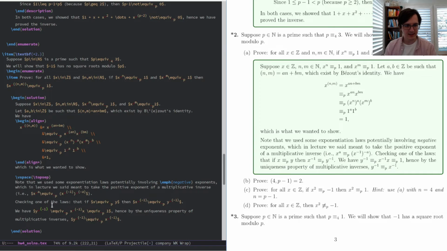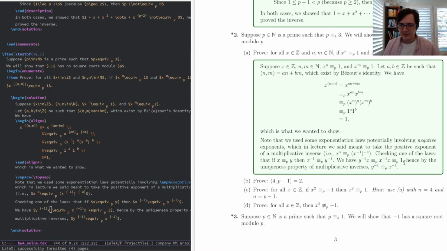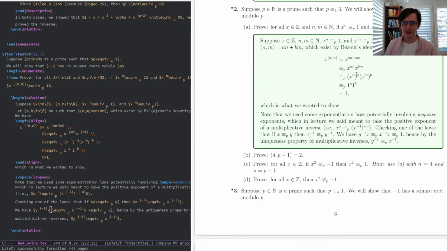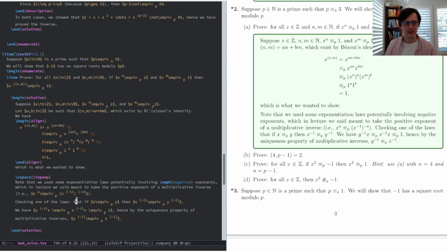Since it acts like an inverse, it's an equivalent one. Okay. All the other things, it really is a very similar sort of exercise to show.